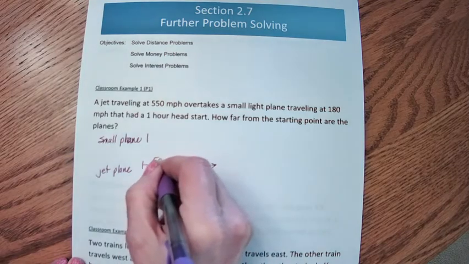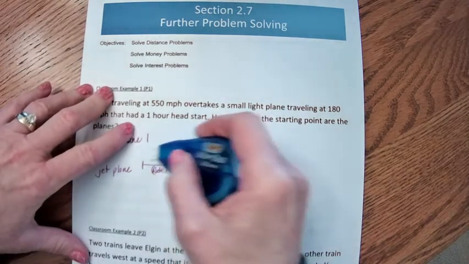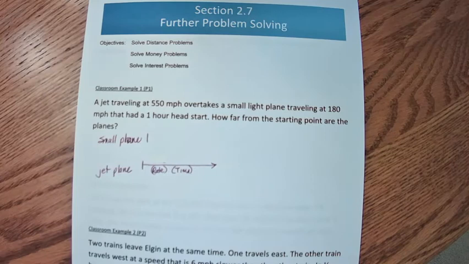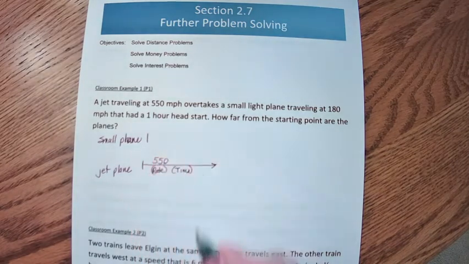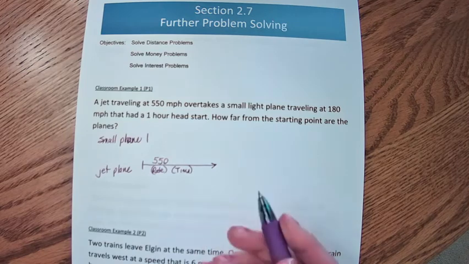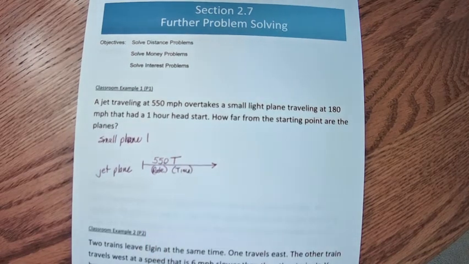So the jet plane is traveling at 550 miles per hour, not 500, 550 miles per hour. And how long has he been traveling? Well, we don't know, so we'll call it time t.